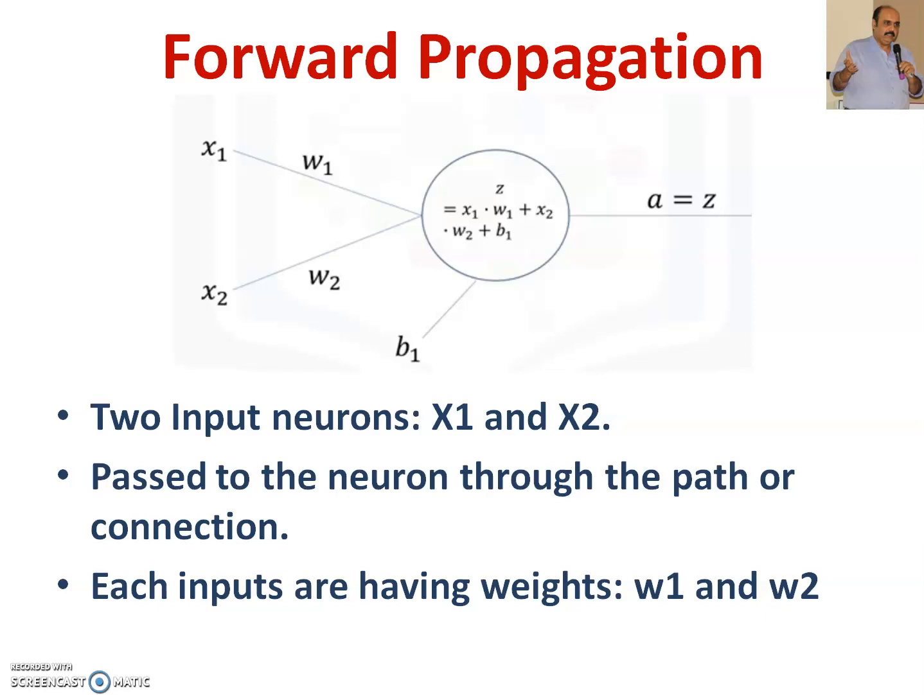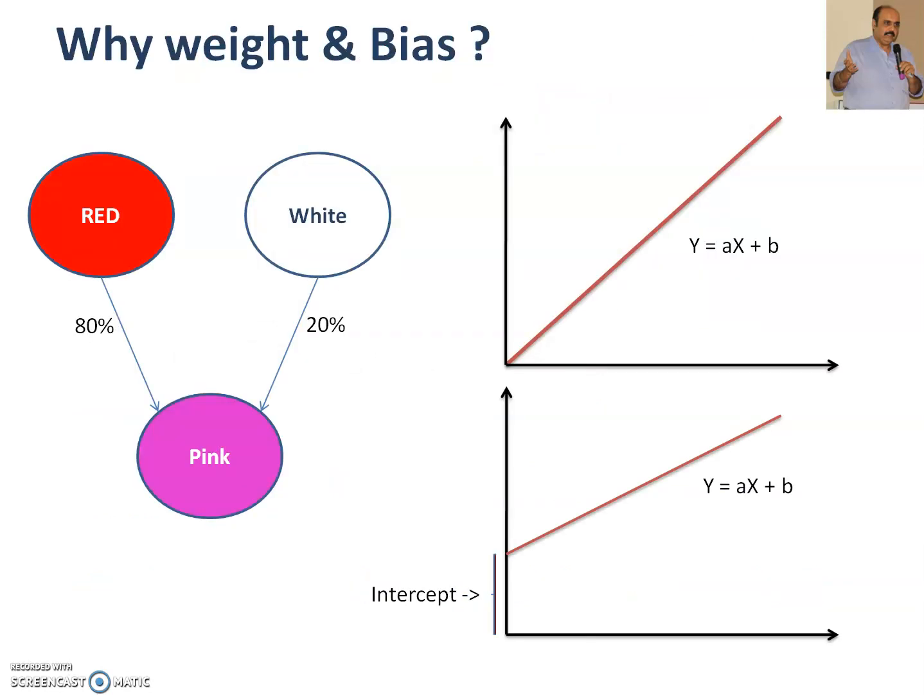All right, then we need to understand how it works. So we just take an example to understand this and then leave the topic and go ahead. Suppose we wish to create a pink color. So we add two colors, one is red, another one is white.